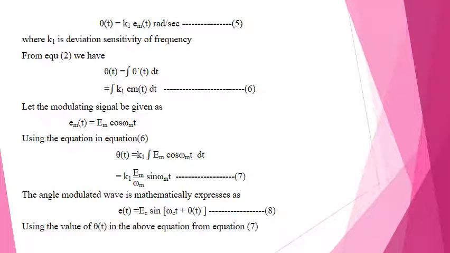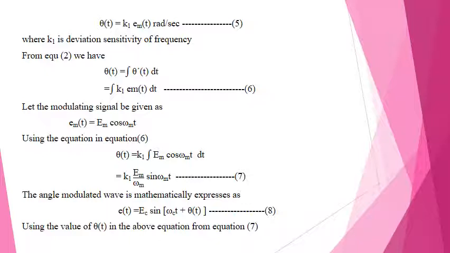So let the modulating signal be given as em(t) equal to Em cos omega m t. So using equation 6, theta(t) is equal to the integral of k1 Em cos omega m t dt. So we receive the equation as k1 Em by omega m into sin omega m t.